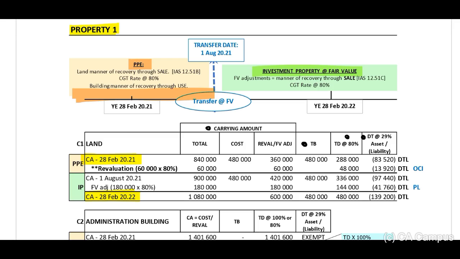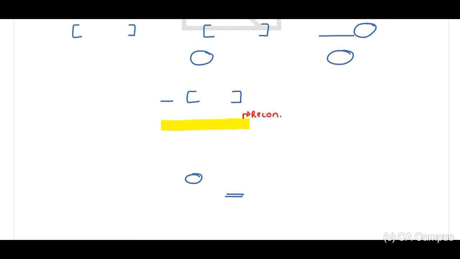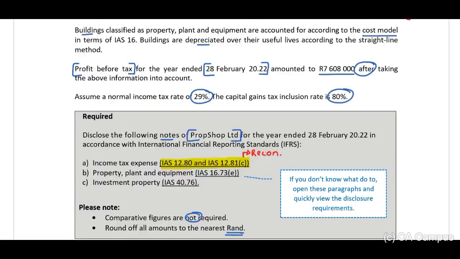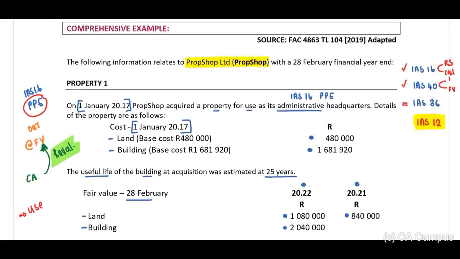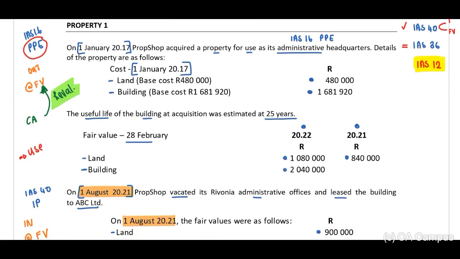Now, if we look at our carrying amount for accounting purposes, remember our land is recognized based on our revaluation model. Therefore, if we refer to the scenario, we should be able to identify on acquisition date, which is 1 January 2017, we have a cost of 480,000.